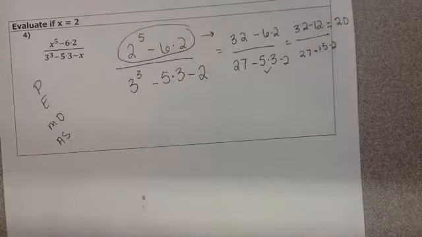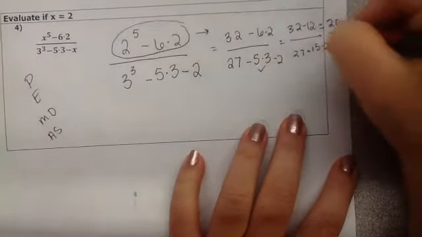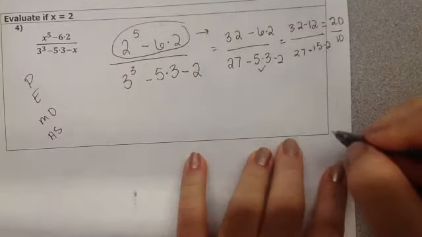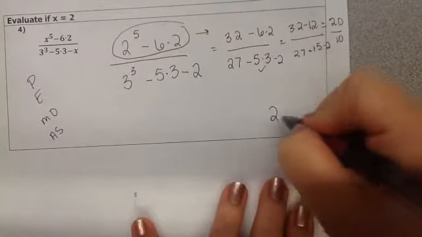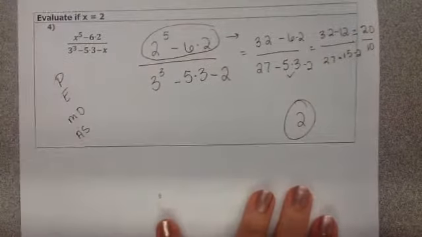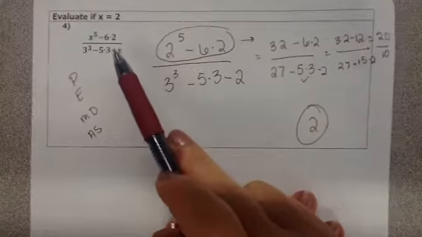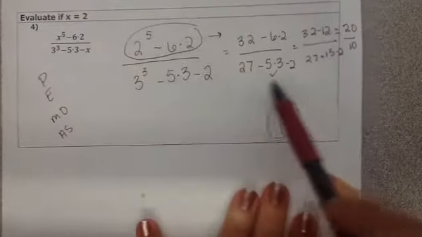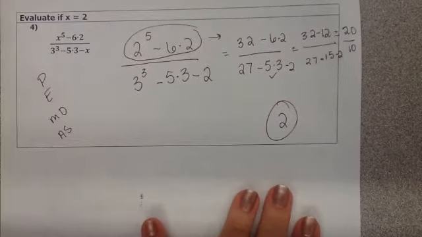And it's all subtraction, so 27 minus 15 minus 2 is 10. Lastly, you can do 20 divided by 10 or 2. So if it asks you to evaluate, plug it in, do what's on top, do what's on bottom, and there's your answer. Nice job today, mathematicians.